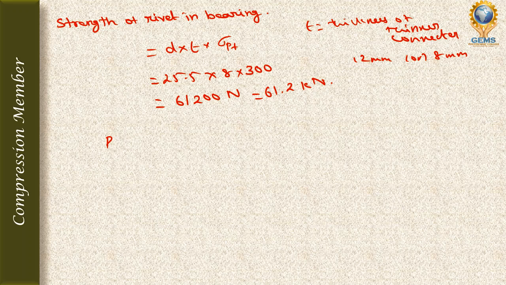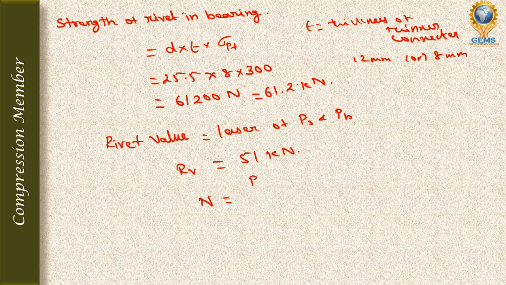Now rivet value is equal to the lesser of strength of rivet in shearing and strength of rivet in bearing. So our RV value is 51 kilonewton. So the number of rivets N is equal to load by RV, that is 47 kilonewton by 51 kilonewton is equal to 0.92.